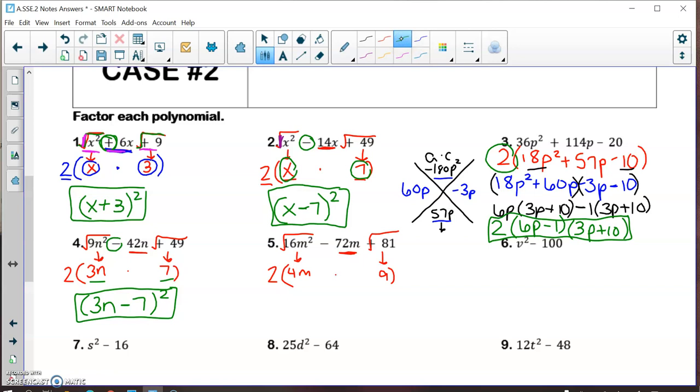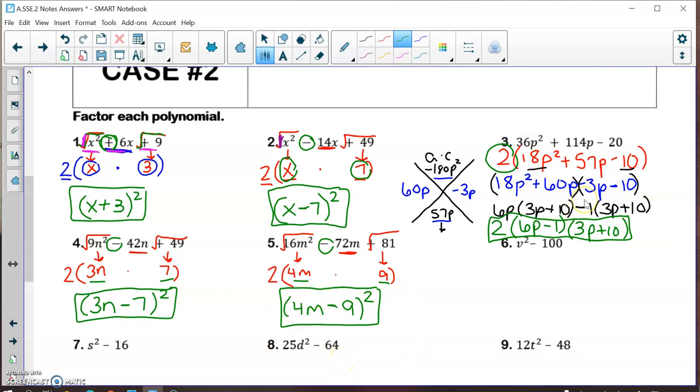So this is a perfect square trinomial. So we take the square root of my first term, which was 4m, and the square root of my last term, which was 9, and we take the operation in between my first and second term, and we square that binomial. So again, we could have used the x method to do this, but it was a lot quicker to use the perfect square trinomial shortcut.